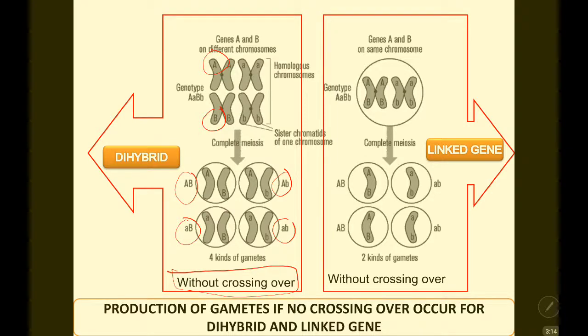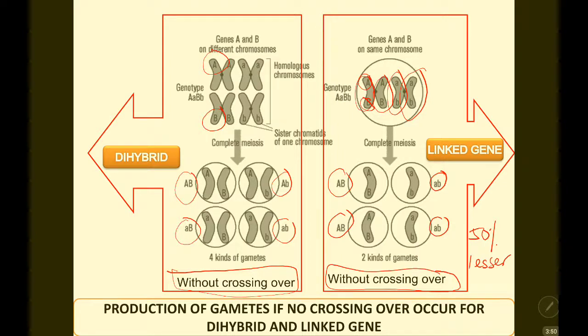But for the linked gene case, gene A and gene B are located on the same chromosome. So without crossing over, they can only form the gametes big A big B, and small a small b. So the possibilities of gametes will be 50% fewer compared to the dihybrid cross.